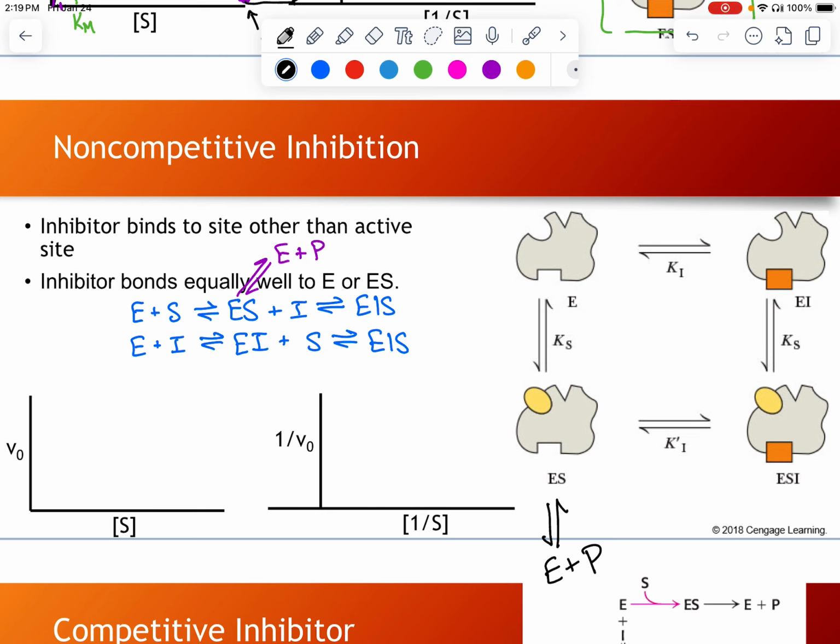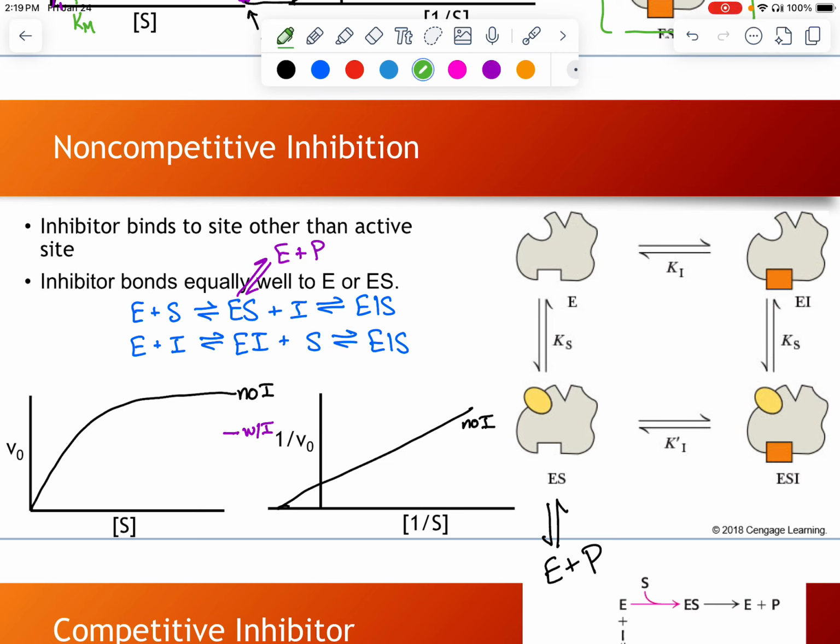All right, here was our original, no inhibitor. And then when I think about this, I know that my max velocity with the inhibitor will be lower. But I know this time I'm going to have the same Km.